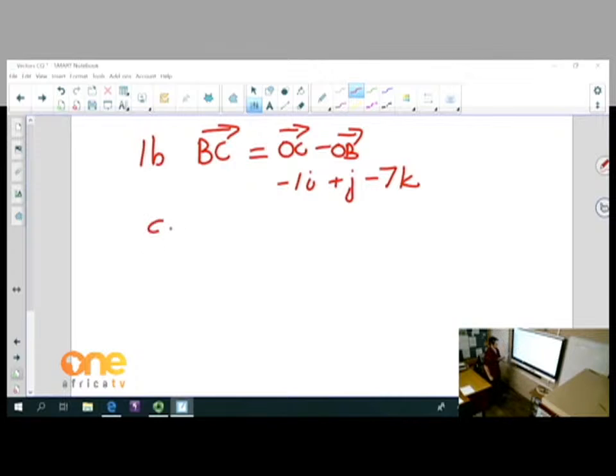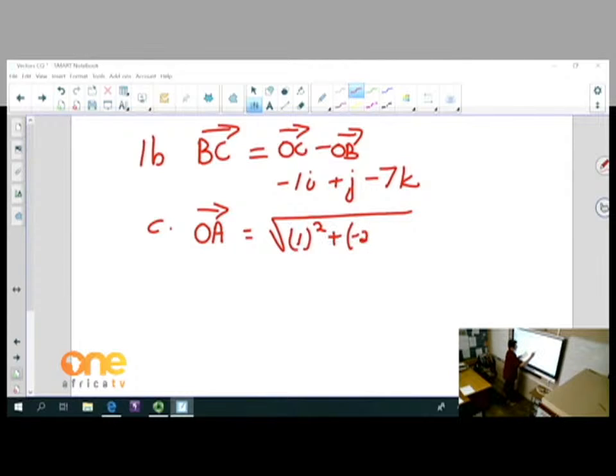Number C says, find the unit vector of OA. Now, the unit vector means there are 2 steps. You have to get the magnitude of this vector, and then we multiply it with a reciprocal. So to get the magnitude, we work with Pythagorean. So it will be 1 squared plus negative 2 squared plus negative 2 squared, and that gives me 3.